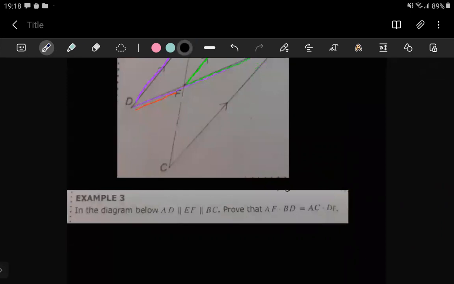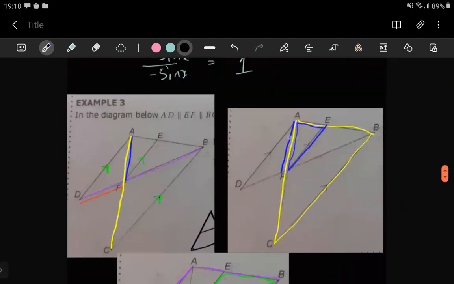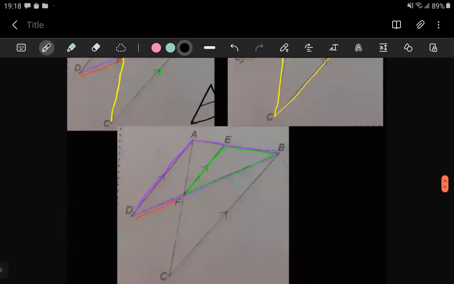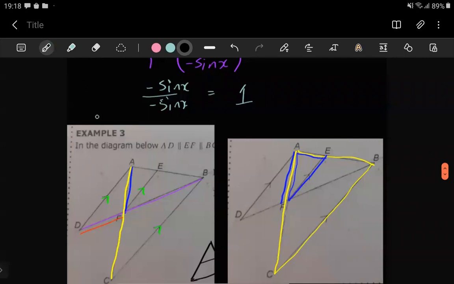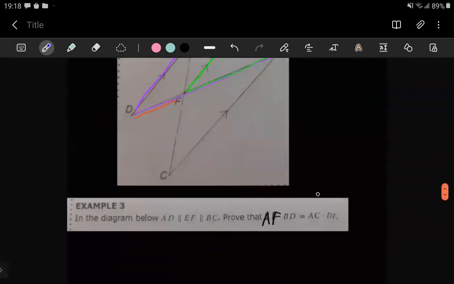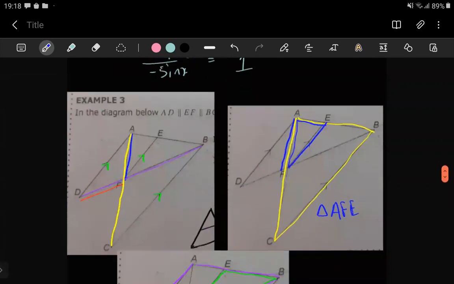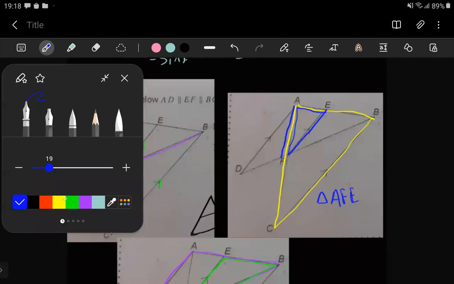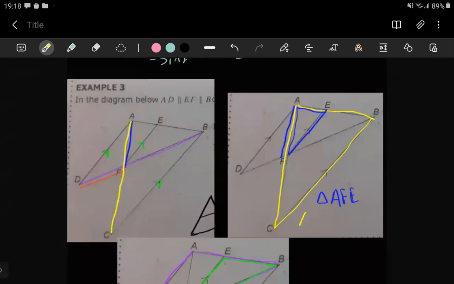So here in our question, there is AF mentioned. Okay, fine. Because AF is mentioned, we can label the blue triangle AFE. So we have triangle AFE. And as long as we're speaking of triangle AFE, we'll have to talk about triangle ACB, because the way we label the triangles has to match. So this is triangle ACB.